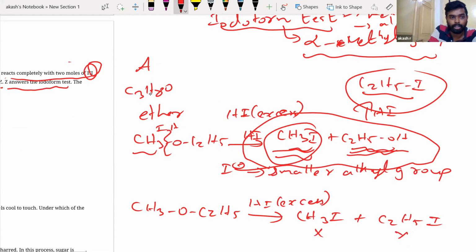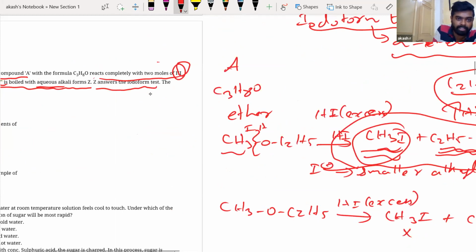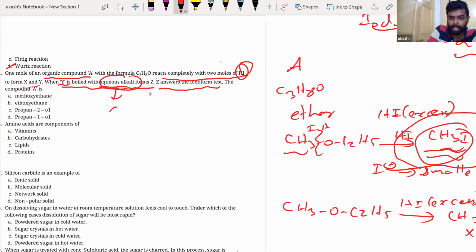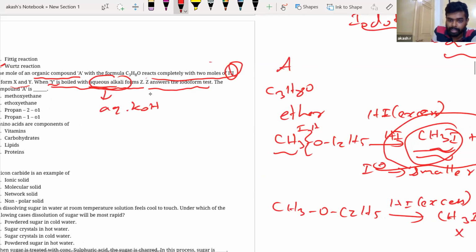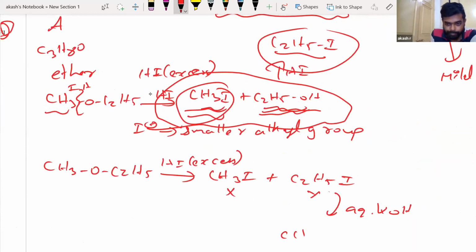Right. Now, if I take Y and boil it in aqueous alkali, aqueous alkali means aqueous KOH or aqueous NaOH, whatever we have. If I add aqueous KOH to this, what will happen? It is going to form CH3CH2OH.